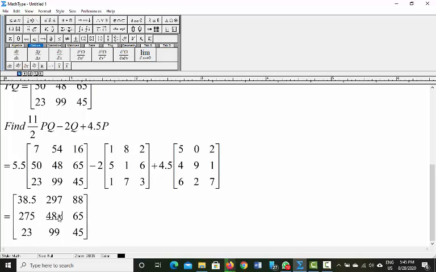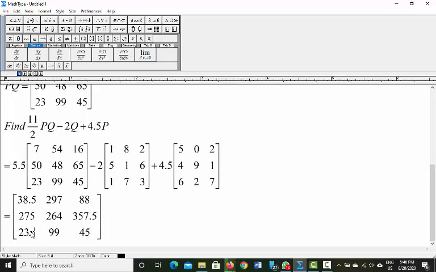Similarly, this one should also get multiplied by 5.5. So 48 multiplied by 5.5 will be 264. Similarly, 65 multiplied by 5.5 is equal to 357.5.